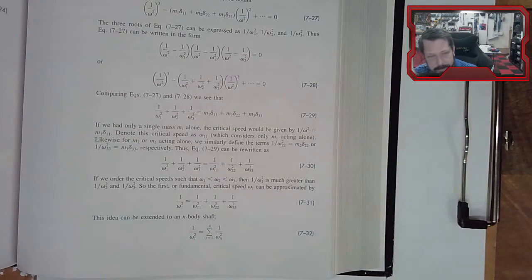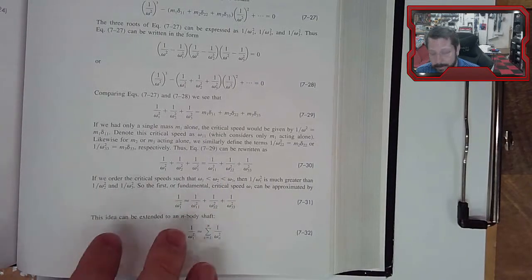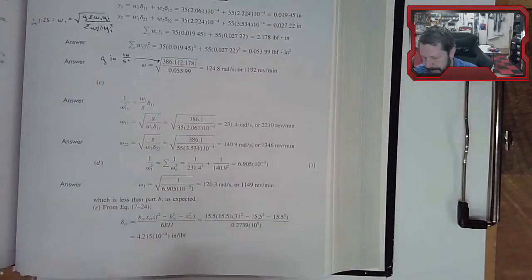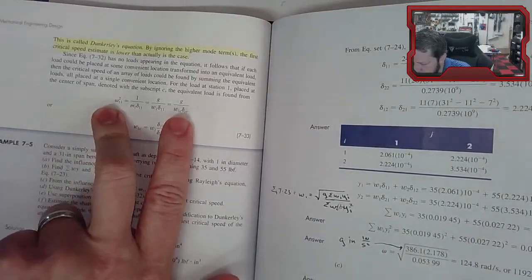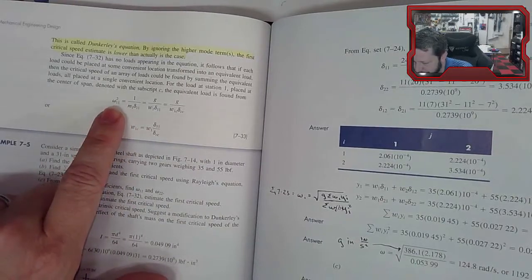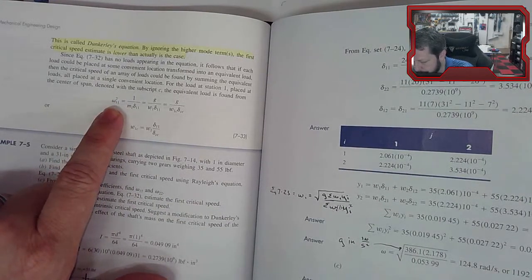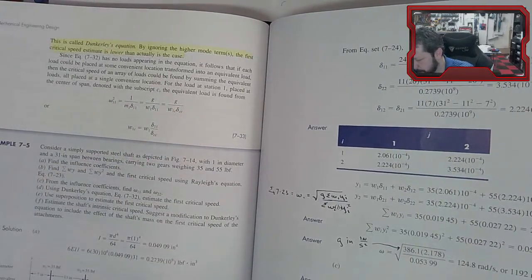MathCAD should take care of those units for us, but if you're doing this by hand, it would be easy to accidentally think of these as hertz also, but these are going to be radians per second. And then we'll combine it with the last equation over here. Actually, the top part of this 733, where we've got a speed squared, or angular speed squared, and then some other terms over here that we'll get to.